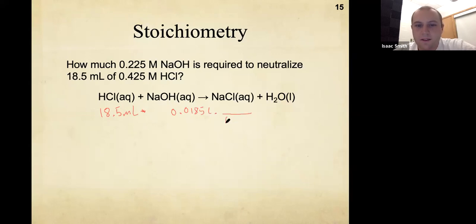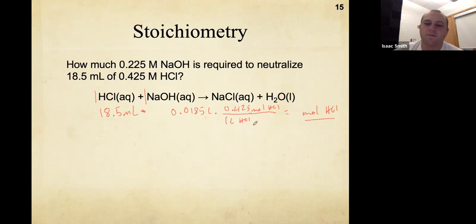So 1 liter HCl to 0.425 moles of HCl. When we do that calculation, we're going to get moles of HCl. Now we know how many moles of HCl we have, and because there is a 1-to-1 ratio between the acid and the base, the moles of sodium hydroxide needs to match the moles of HCl.